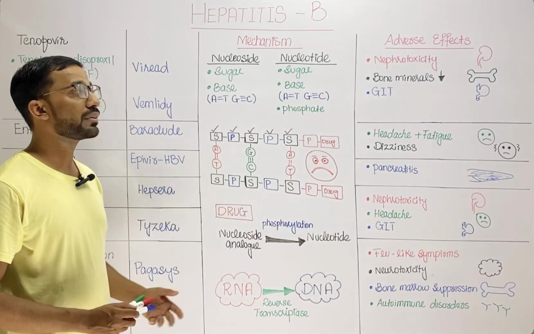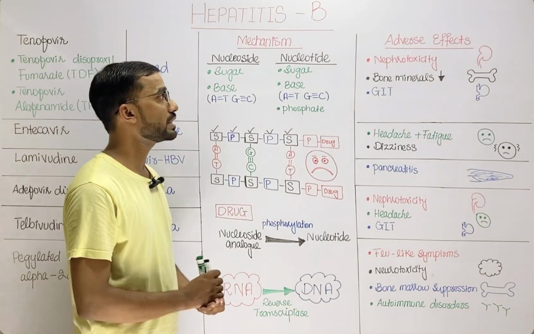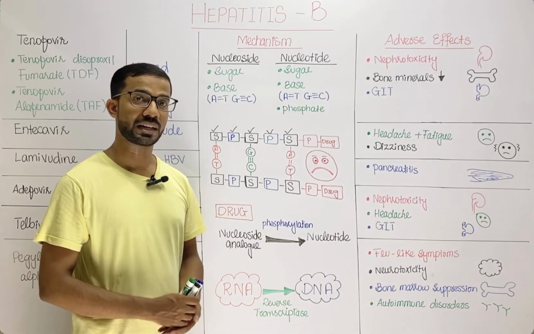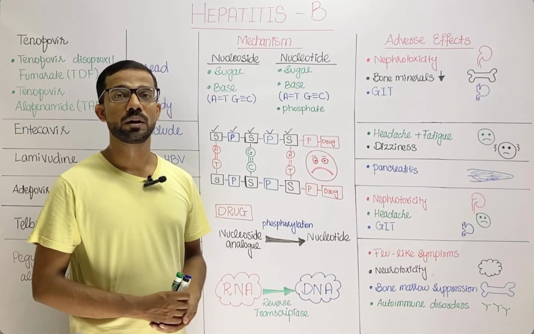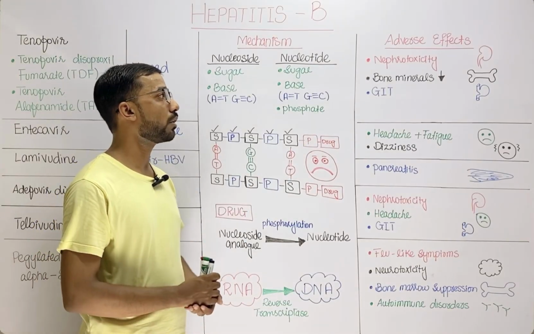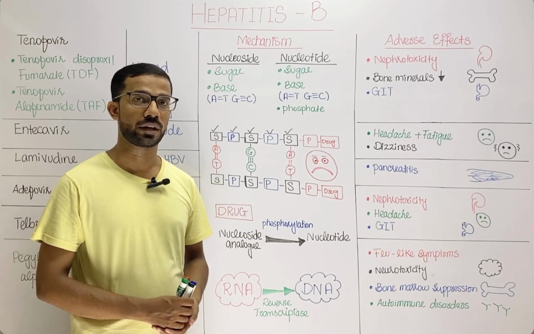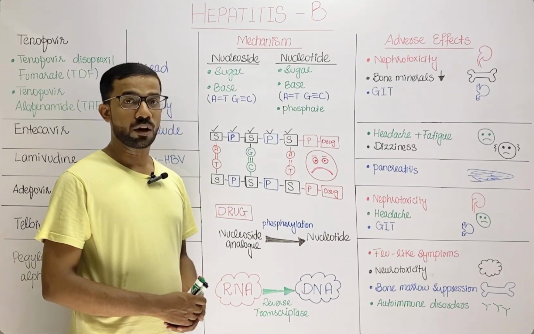If we look at the different adverse effects, the first is tenofovir. The adverse effects related to tenofovir will be nephrotoxicity that will affect the kidney, decrease in bone minerals, and you can also see GI disturbance related to tenofovir, Viread and Vemlidy. Second is Entecavir.